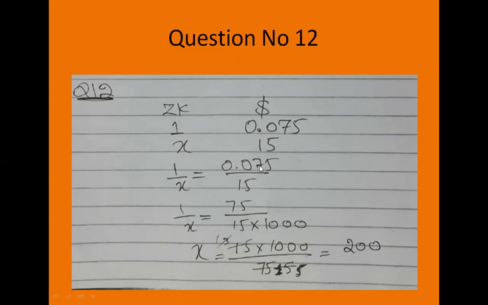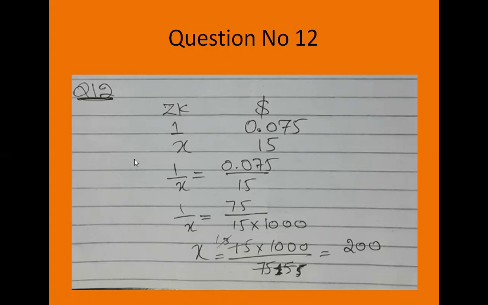1 by X is equal to 0.075 by 15. So 1 by X is equal to 75 divided by 15 into 1000. I removed the decimal, and in place of the decimal I put 1 downstairs, and after the decimal there were 3 digits, so I put 3 zeros here. So X equals 15 multiplied by 1000 divided by 75.